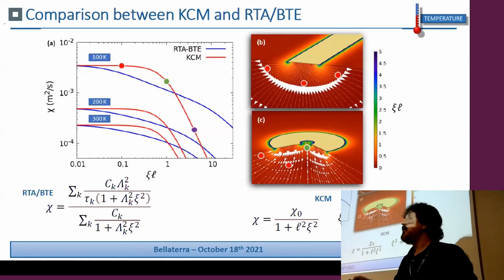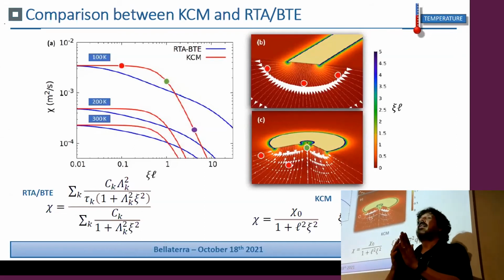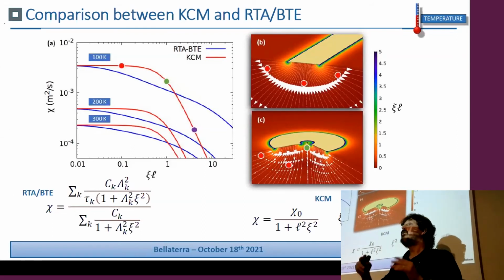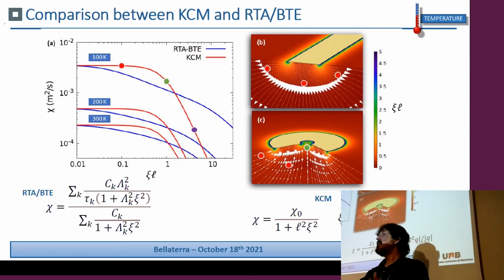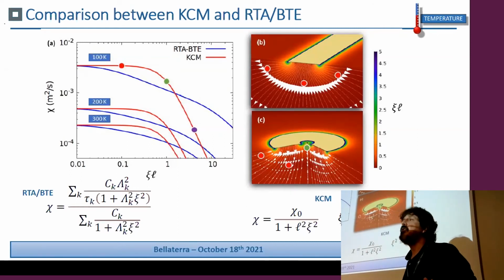And the typical point of view is this change. So in each size, the phonons that are larger than this size will be removed, and the others will pass. And this is the typical point of view.